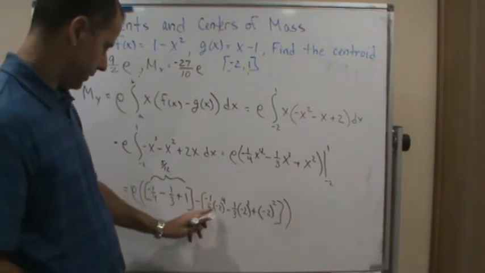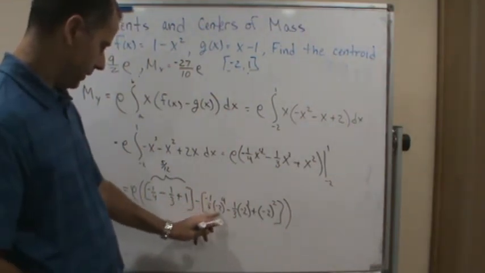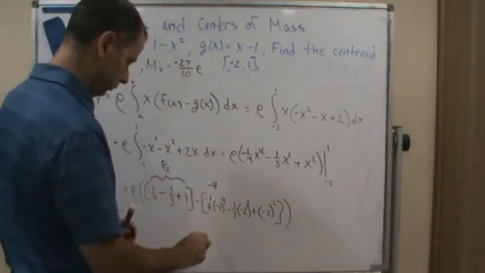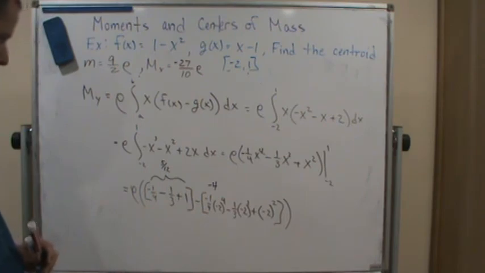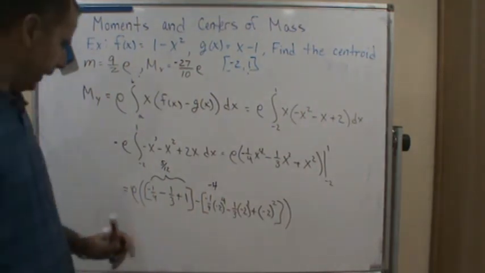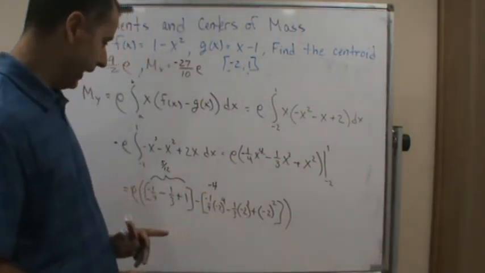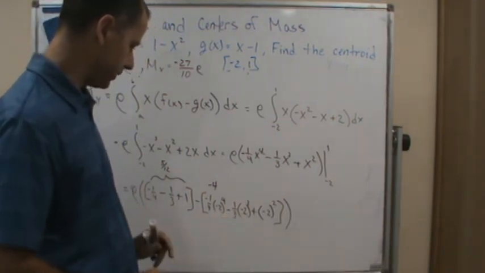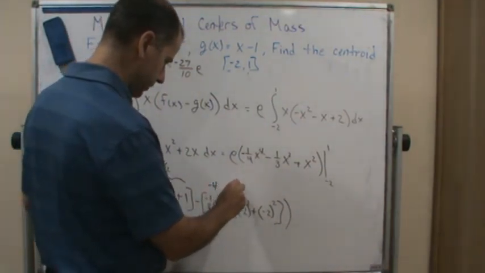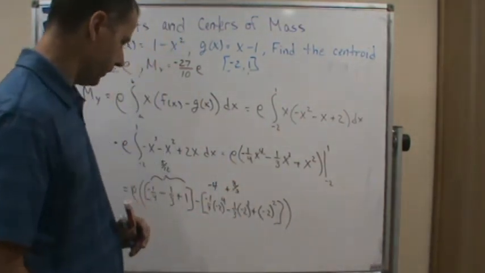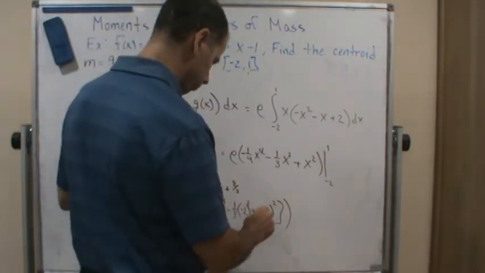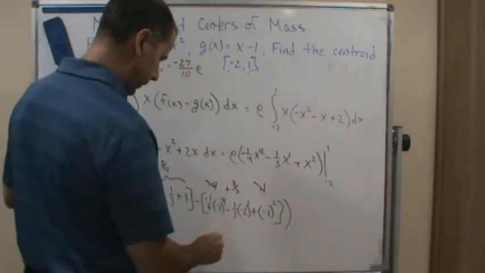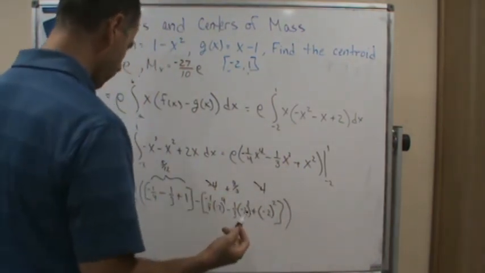So this is going to give us a negative 16 divided by 4, which is a -4. And this is going to give us a -8. But this is a subtraction, so it's going to give us a positive 8/3. And this is going to give us a positive 4. Well, the -4 and the positive 4 cancel, so we're going to get 8/3 there.